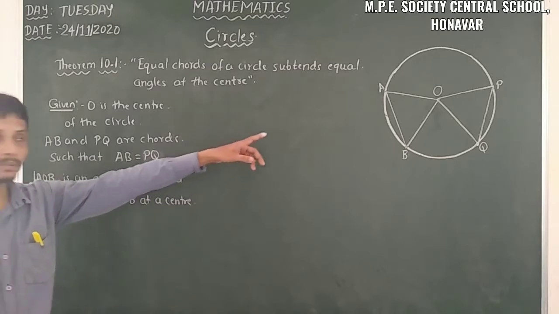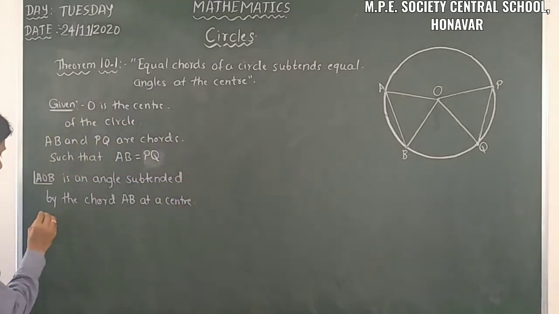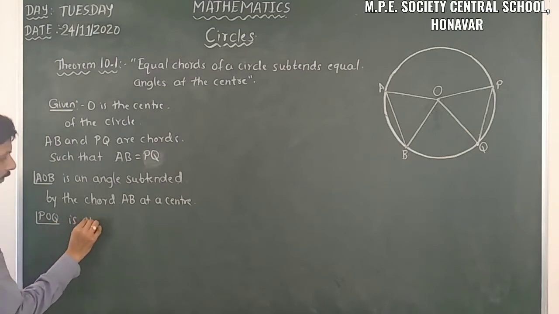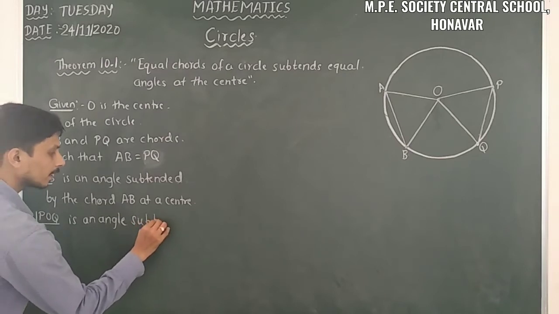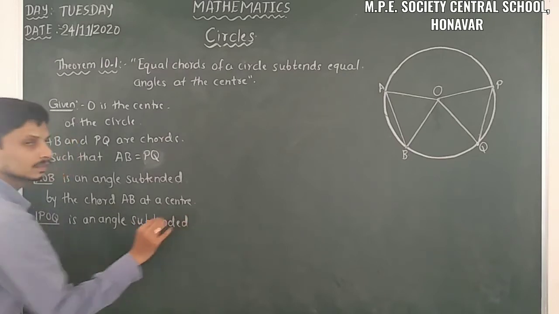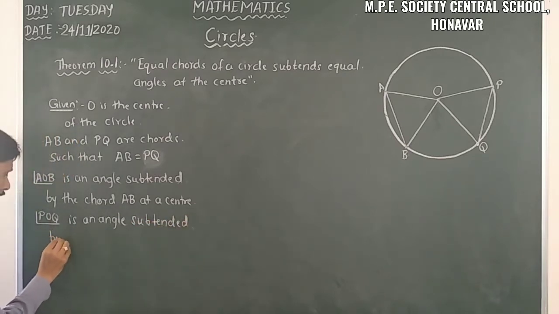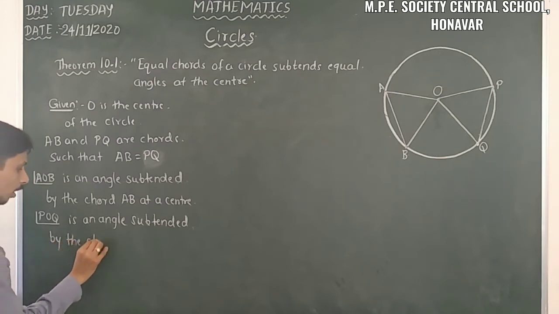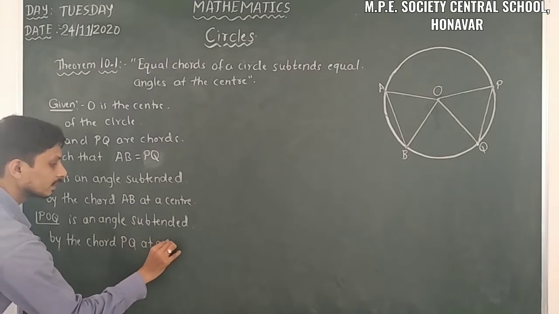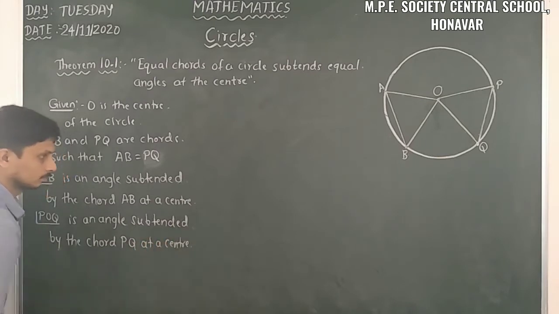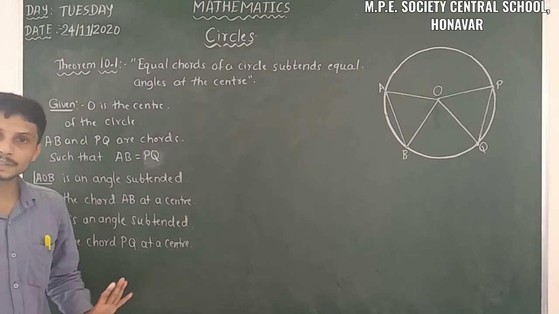And then another angle we have, that is POQ. Angle POQ is an angle subtended by the chord PQ at the center. We have these things, it is given.